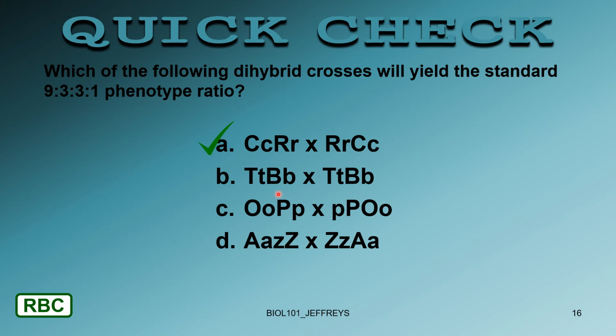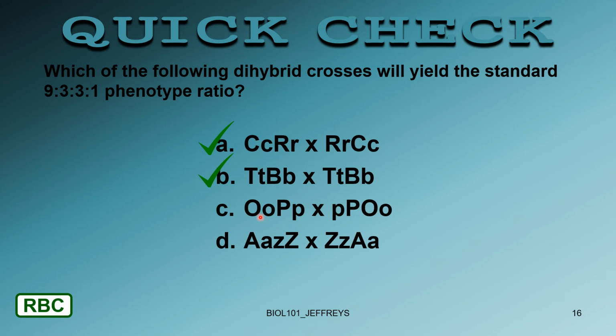Here is big T, big B, little b, crossed with a big T, little t, and a big B, little b. That should be obvious to you, right? Everything is in order there. Standard dihybrid cross, 9:3:3:1.